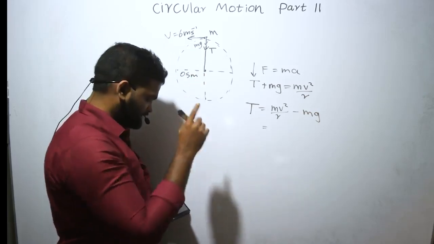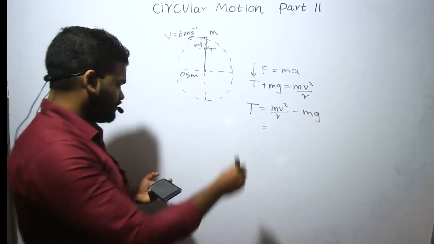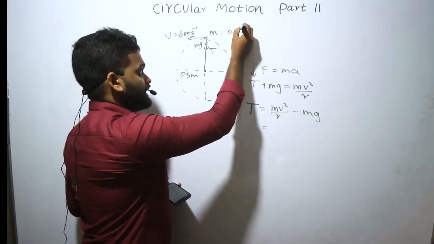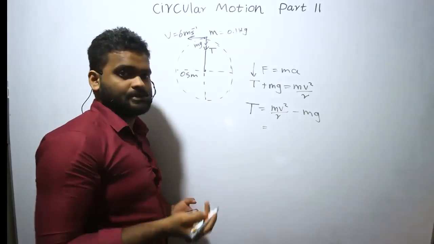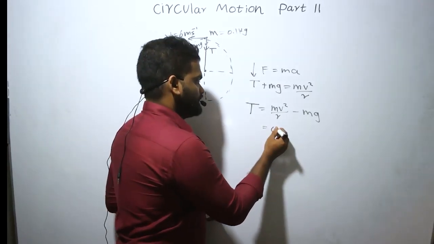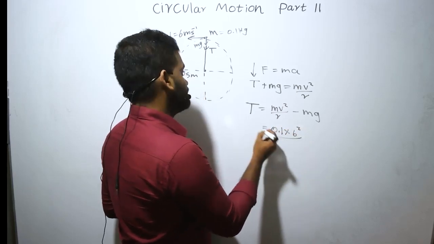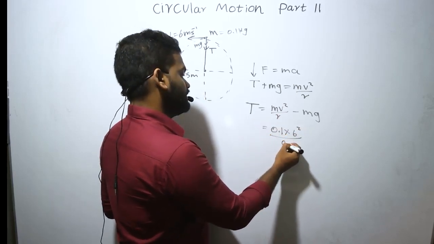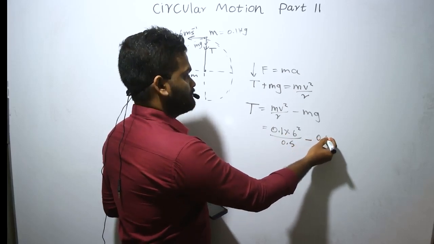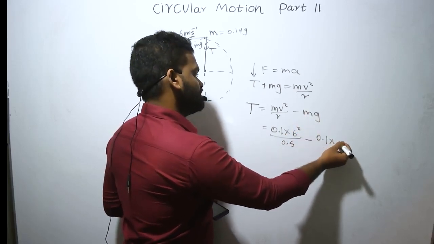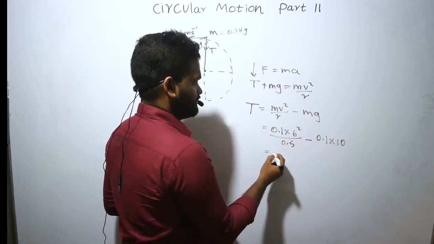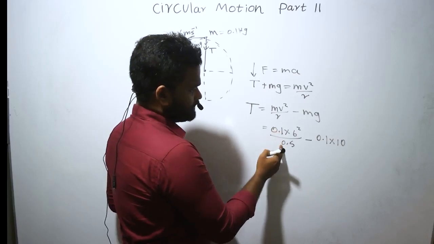Okay, the mass they have given is 0.1 kilogram. Now we are just doing the substitution. Here 0.1, velocity 6 squared, divided by radius 0.5, minus m, which is 0.1, then g, that is 10. So this is 1 over 5.